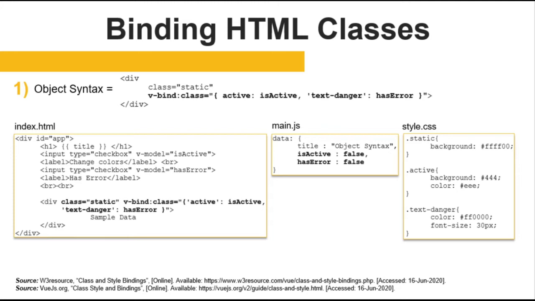Notice that in the div inside our HTML, we assign static as the default class, while the active and danger classes will only be applied once the user checks and unchecks the checkboxes.